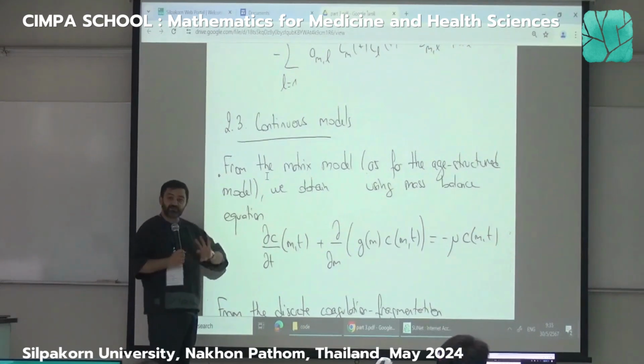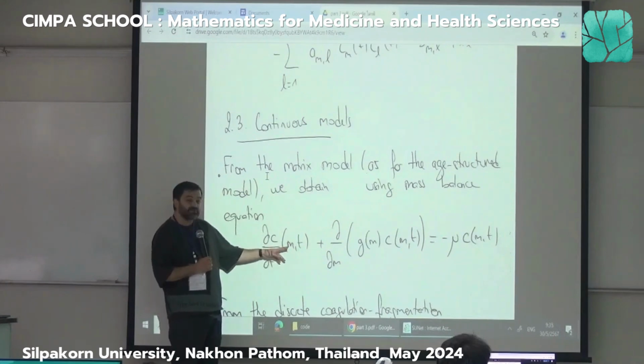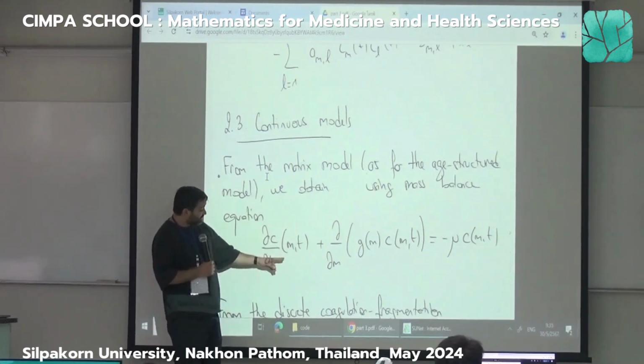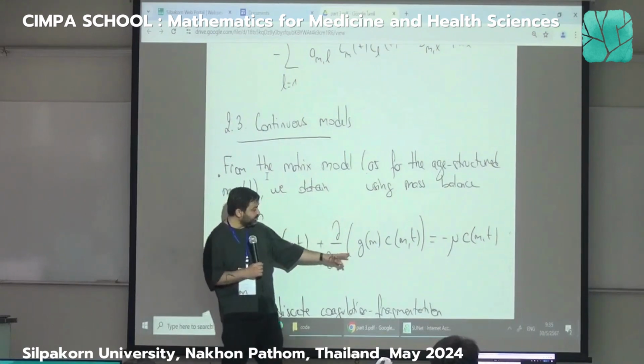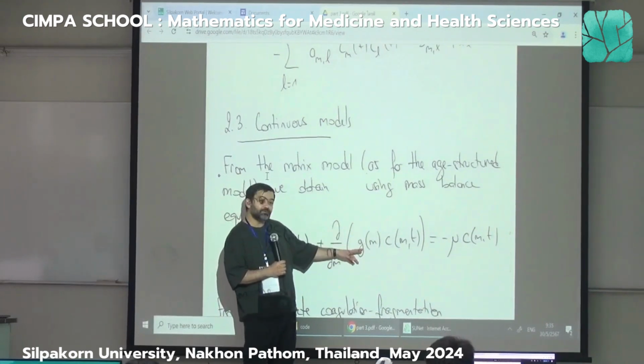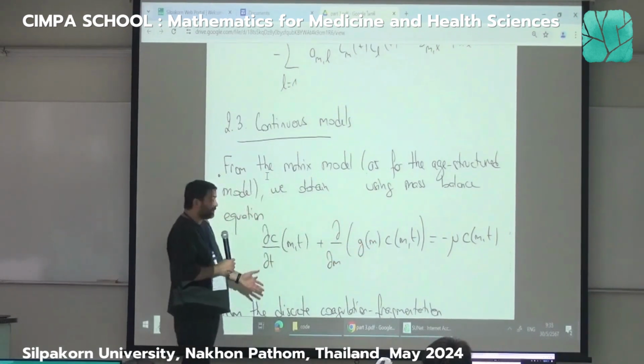This is exactly the same equation as for the age. Just change the notation to n instead of a. Call it a if you want, call it x if you want, it's not a big deal. Exactly the same equation. But here the growth is there, as for age. I have a function of the state, but actually it can be inside. What does it mean?